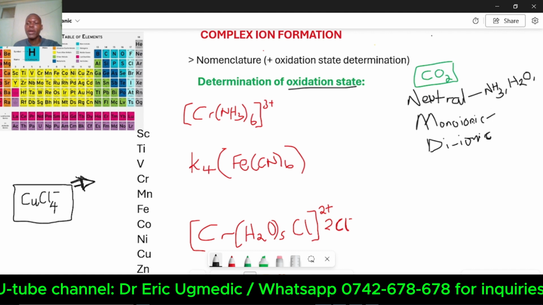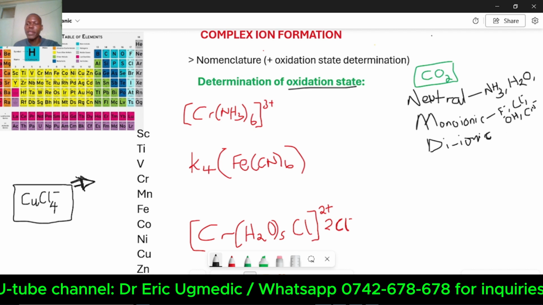Then the monoionic, we can have the halogens, for example the fluoride ion, the chloride ion, the bromide, the iodide, the hydroxide or hydroxyl ions, the cyanide.